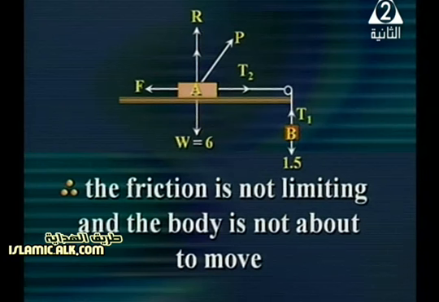Because F is smaller than mu R. When F is bigger than or equal to mu R, the body is about to move. But here 1.5 is smaller than 2, so F is smaller than mu R, then the friction is not limiting and the body is not about to move.